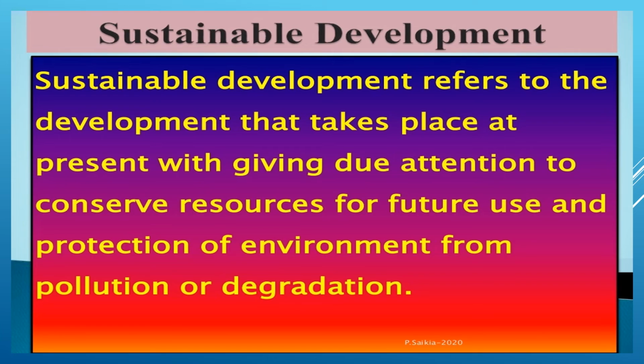So development that takes place in the present giving due attention to the conservation of resources for future use and the protection of the environment from pollution or degradation, is called sustainable development. As your textbook quotes, and I quote, "We have not inherited the world from our forefathers, we have borrowed it from our children."